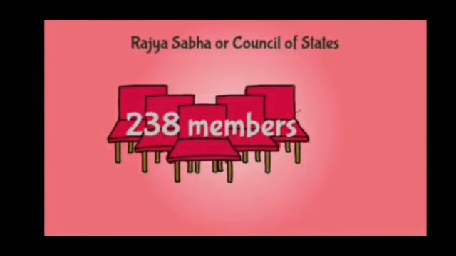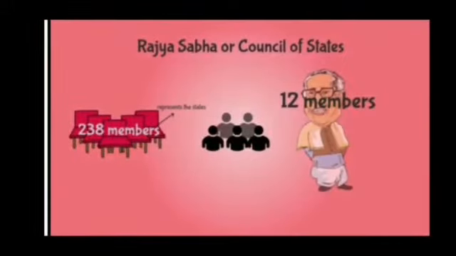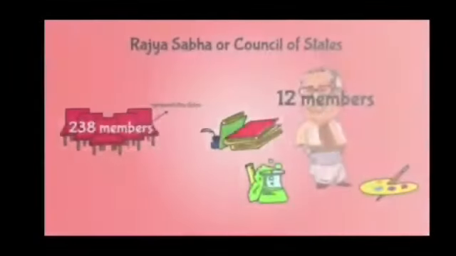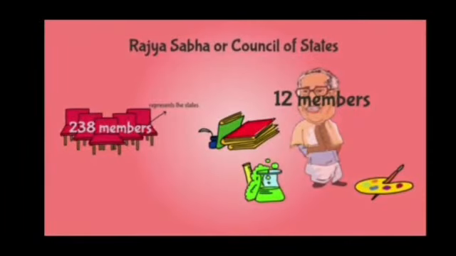Out of this, 238 members represent the states and other 12 members are nominated by the President of India. These are persons with special knowledge and practical experience in the fields of art, literature, science and social work.